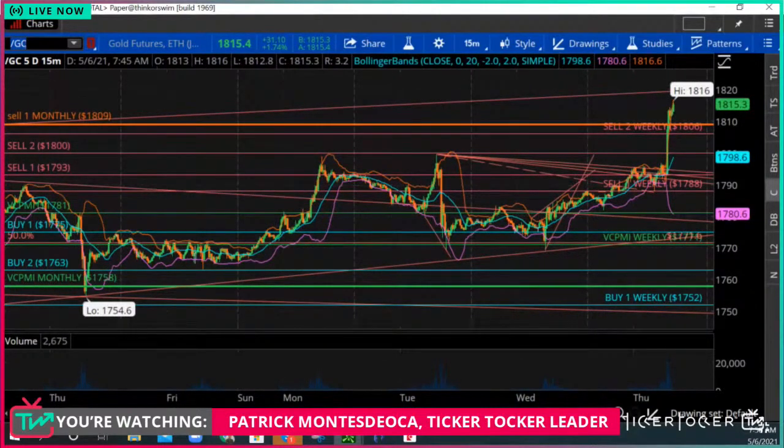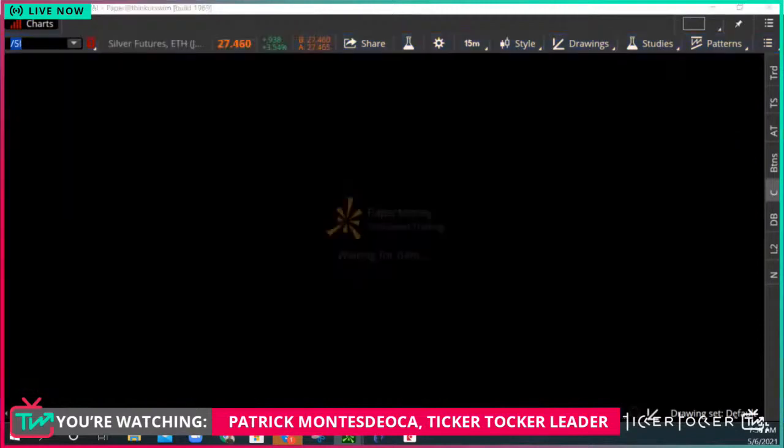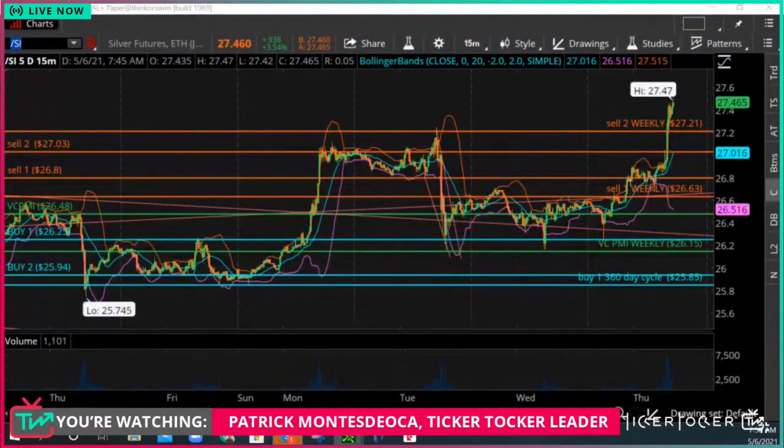Gold market, new high, 1816. Silver, 27.46, up almost $1 for the day.